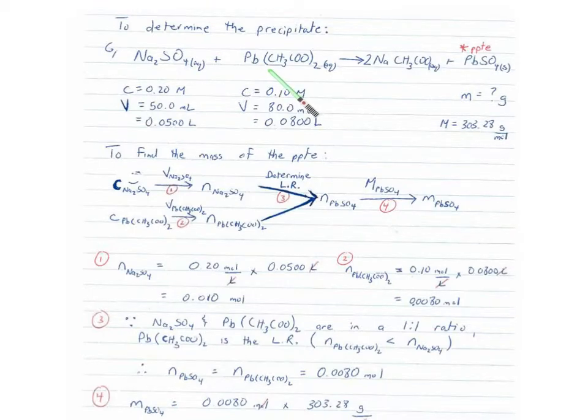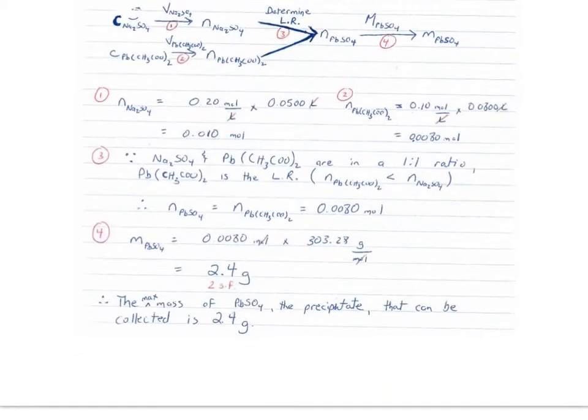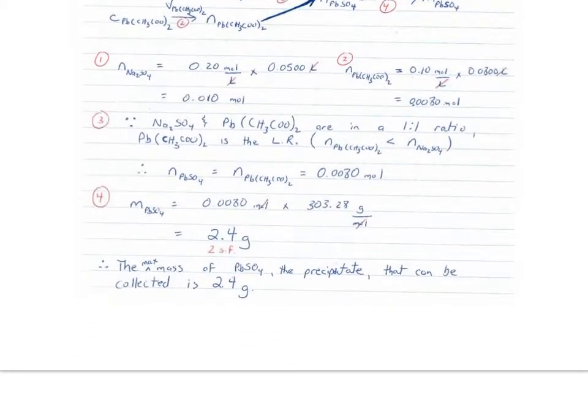Right, again, that highlights the importance of having that equation properly written out and properly balanced. So now that I know my number of moles of the lead(II) sulfate to be 0.08 moles, I can use that number of moles to figure out the number of grams of the lead(II) sulfate, and I get 2.4 grams.